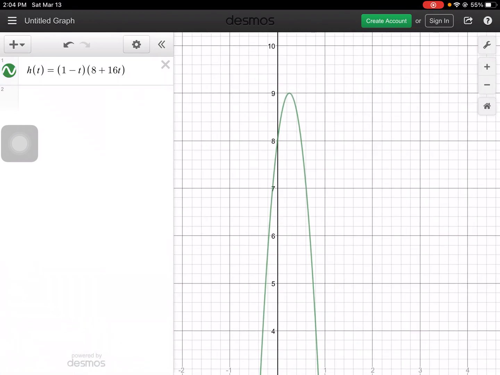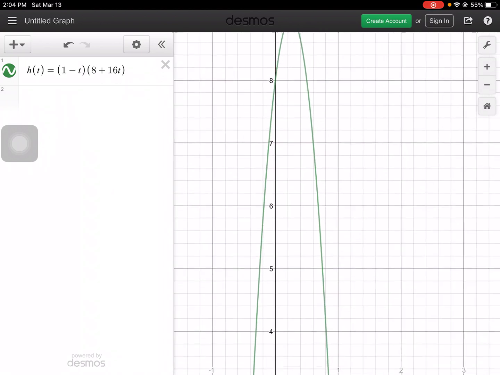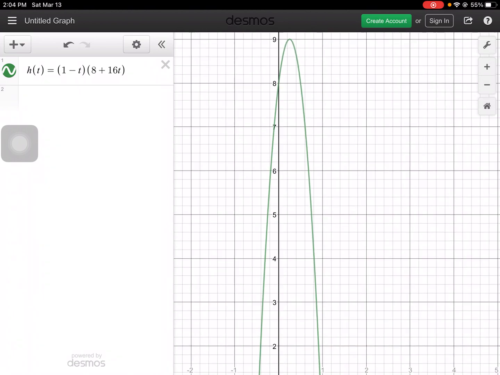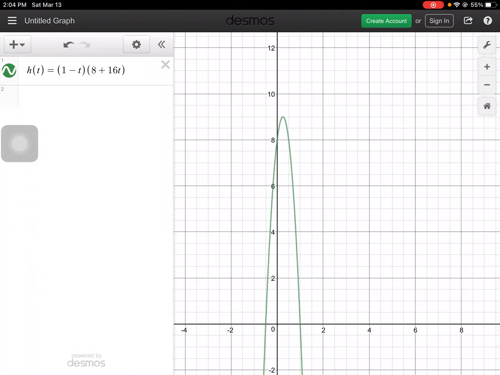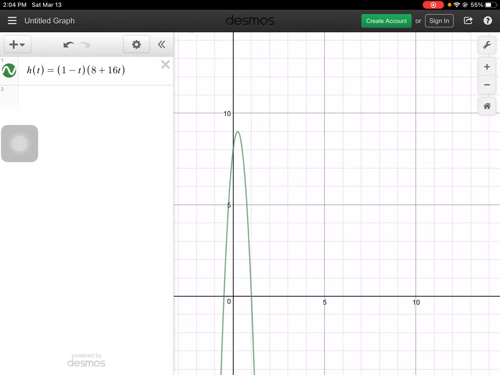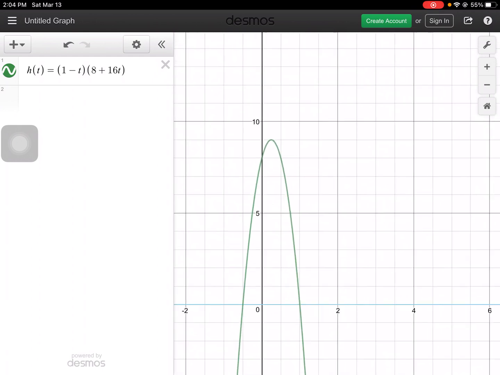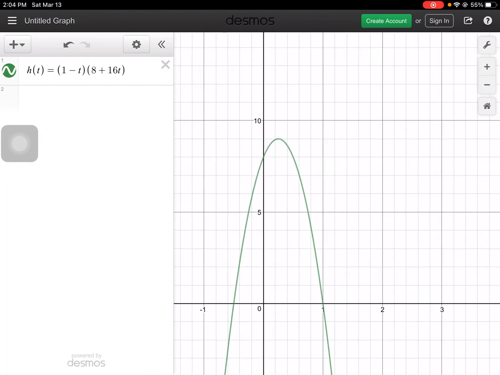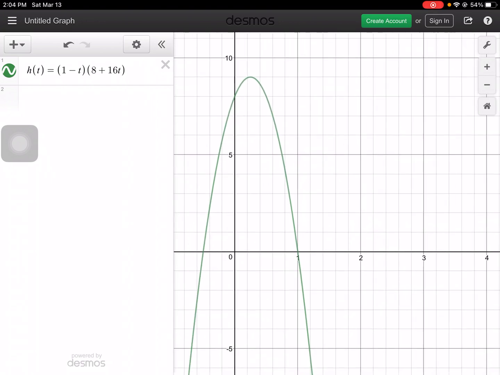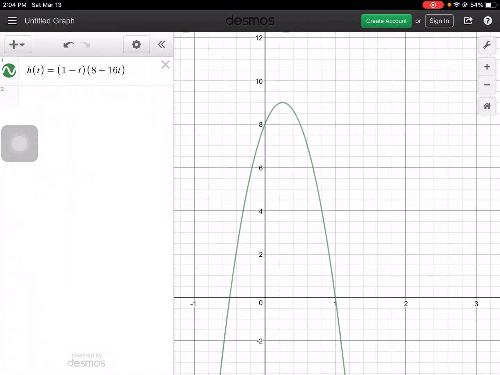So we're going to zoom in on it to answer some of these questions. The first question says find the zeros of the function. I'm moving my fingers along here to see if I can get it to read better for us.